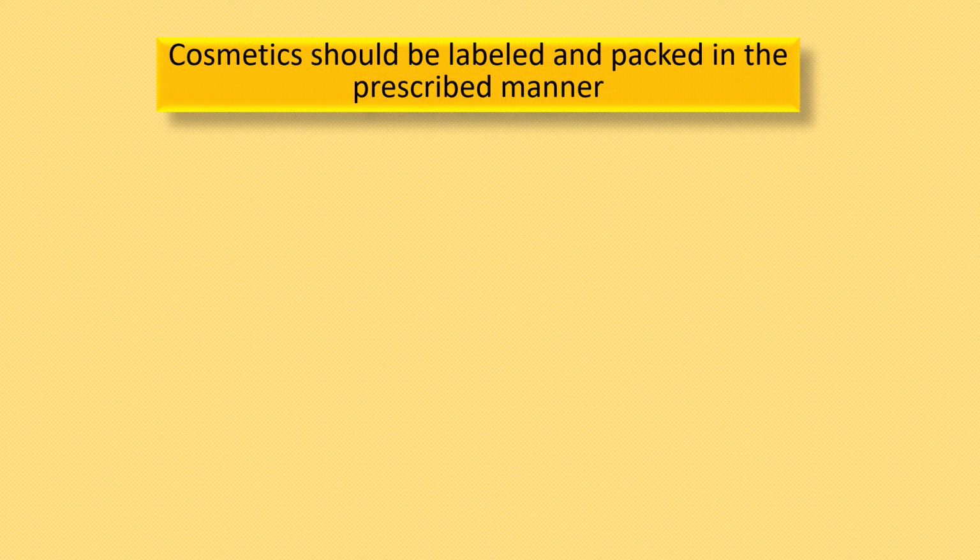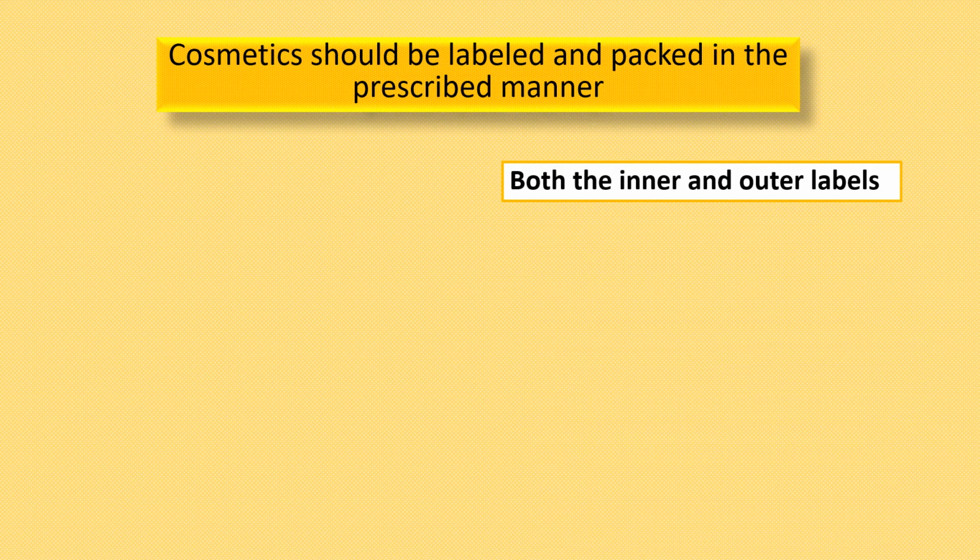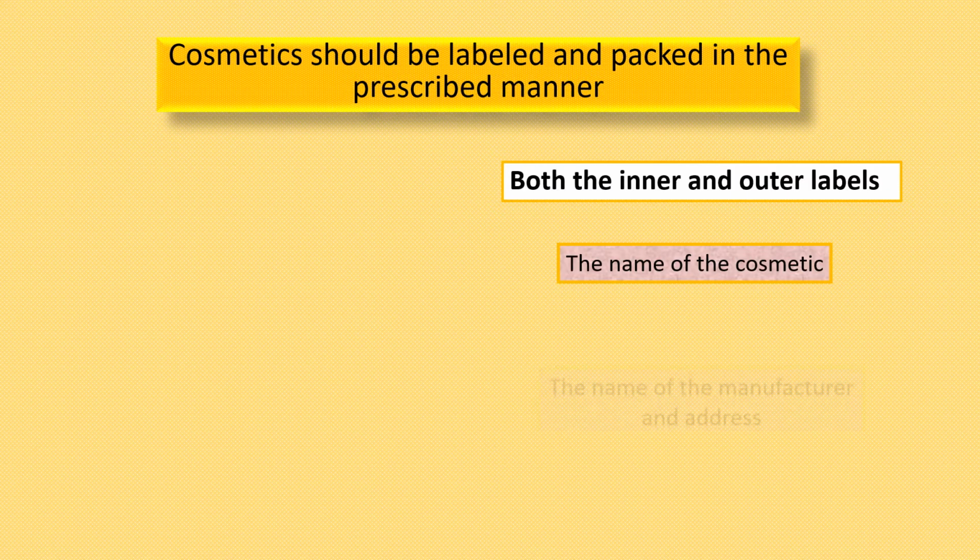Let us see one by one both the inner and outer label. Generally the outer label is on cartons and the inner label is on the container specifically. First, on both the inner and outer label, the name of the cosmetic should be there.